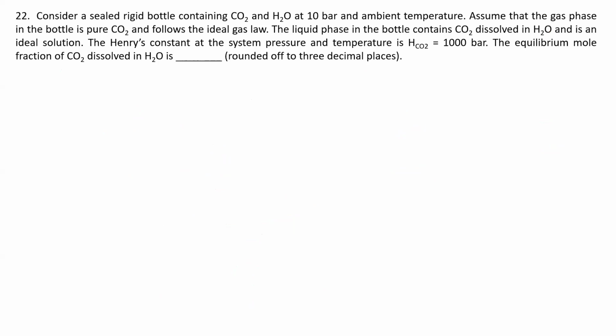Consider a sealed rigid bottle containing CO2 and H2O at 10 bar and ambient temperature. So P is known. Assume that the gas phase in the bottle is pure CO2 and follows the ideal gas law. So gas is ideal, and pure, so YCO2 equals 1.